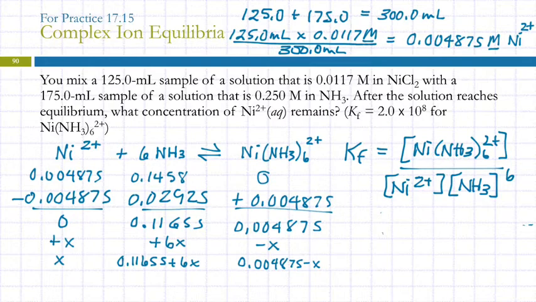Now, do we think that maybe X will be small? Yeah, because this equilibrium constant is very large, which means this goes very far to the right. It's mostly product, very little of the reactant left. And so if we started out with this, the amount that would come apart would be very small. So let's try the X is small and see how it goes.